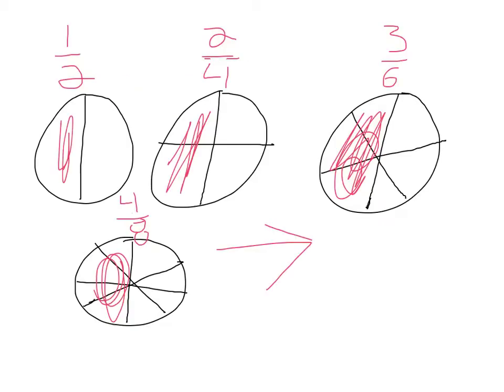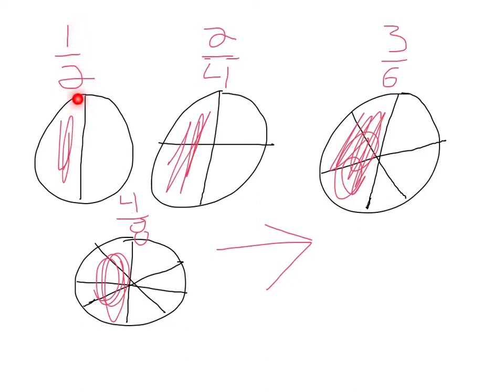So one example to kind of show this equivalent fraction thing, how the values are all the same, I've drawn four equivalent fractions. So for this we can say that these are pizzas. So I've got 1/2.